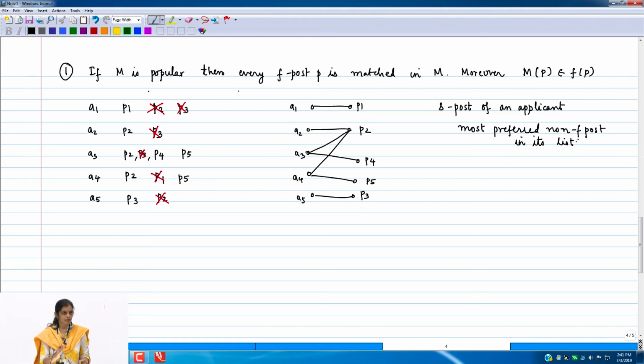Of course, you are not going to delete your own F post. But if any post which is an F post for someone else appears in your preference list at another rank, you delete it. Whatever remains, the most preferred post, you will call your S post. Is this definition clear?